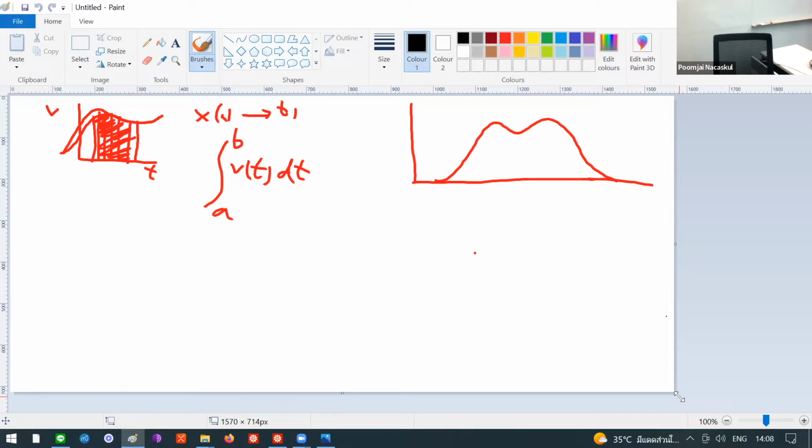Think of this as one-dimensional space, and instead of velocity over space, I have a function that gives the likelihood that you will find something at that location. If I toss a pen or a dart randomly at this space, I am more likely to find the point along here than here.